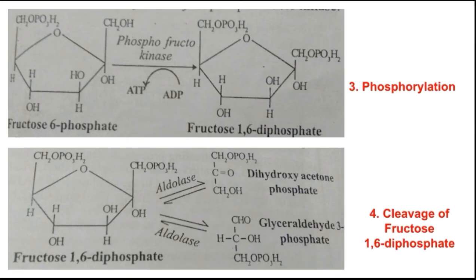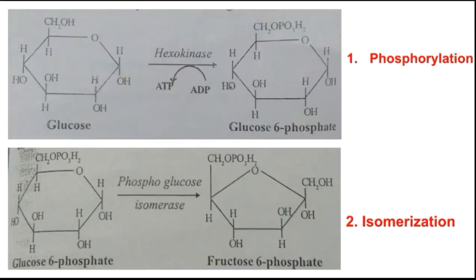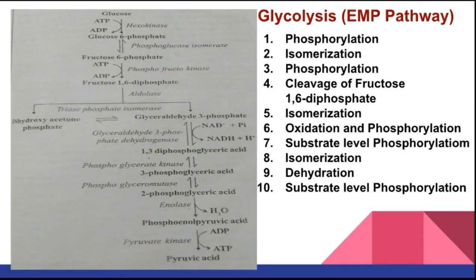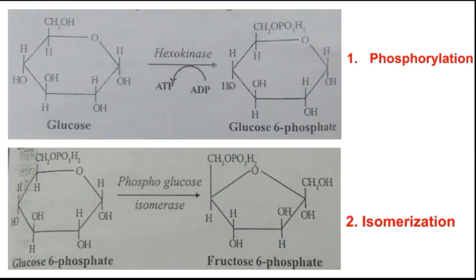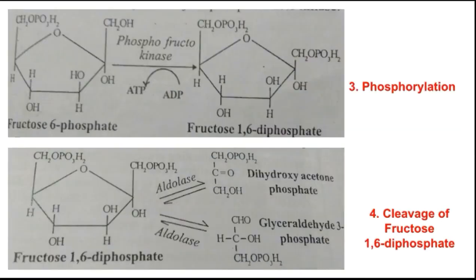We have seen in the last figure the dihydroxyacetone phosphate and glyceraldehyde 3-phosphate. So this is the cleavage of fructose 1,6 diphosphate with the help of the aldolase enzyme.